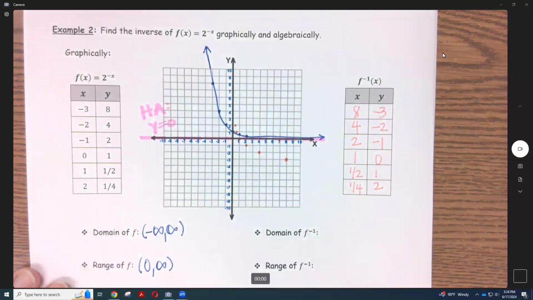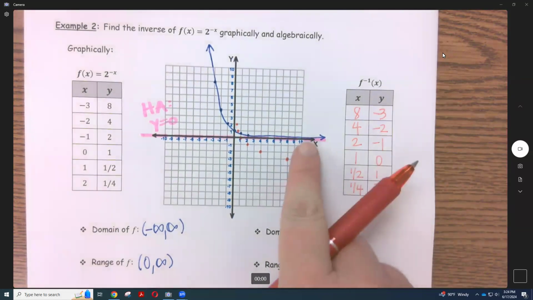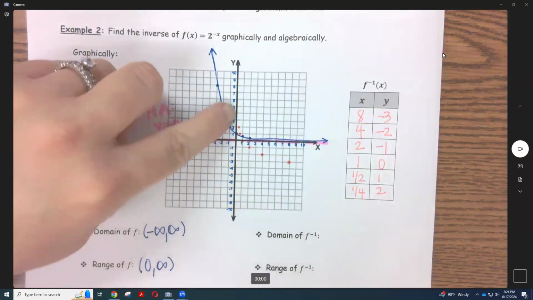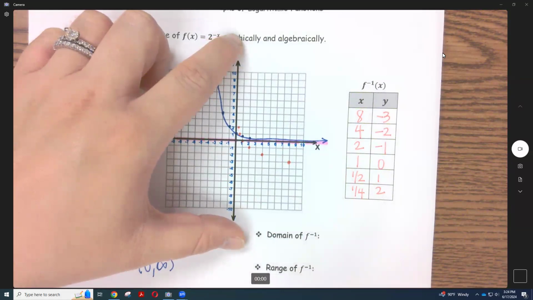And just like before, as these x values are getting smaller, these y values are going to get higher and higher, but they are never going to touch this number right here.